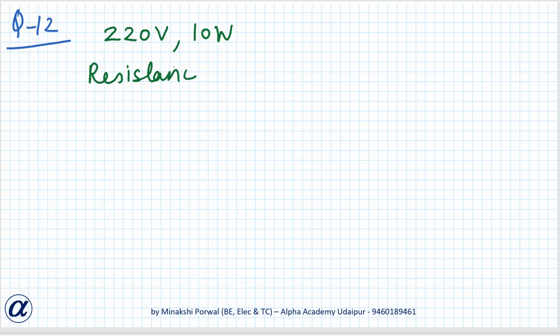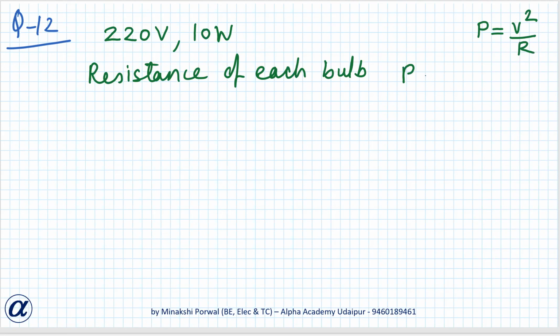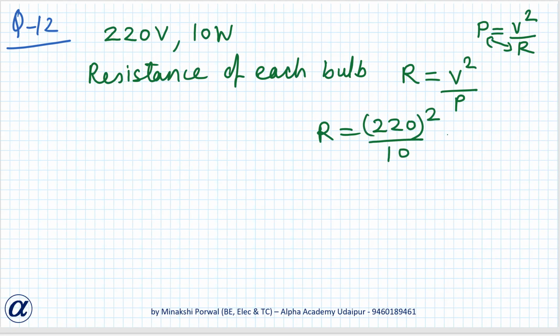Whenever we are given the power rating, we use the formula P equals V square upon R, so R equals V square upon P. Resistance of each bulb equals 220 square upon 10, which is 4840 ohm.